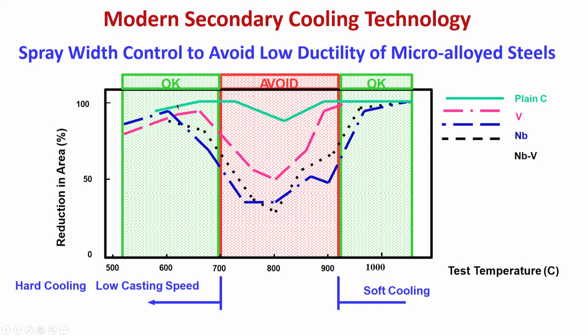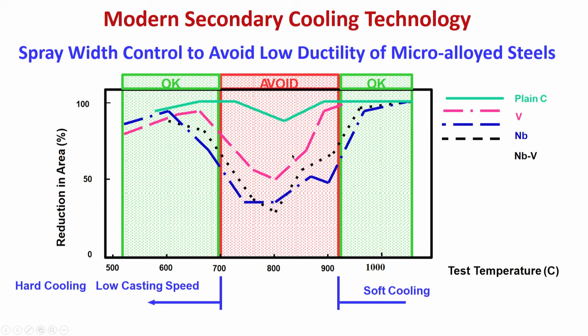Below 700 also it is okay, ductility is high. So, 900 and above is safe, 700 and below is also okay, but between 700 and 900, particularly 750 to 850, we have to be very, very careful. Why? Because at this temperature the microalloy steels have very low ductility.